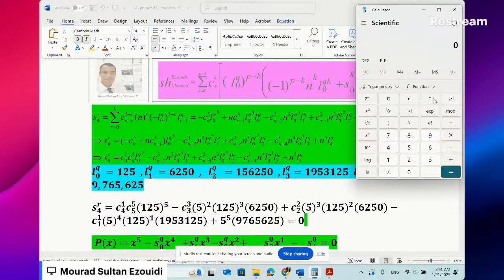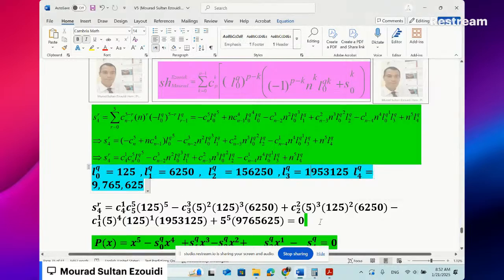After that, we have 5 multiplied by 25 raised to the power 4, equal to 1,953,125, correct. And then we have, my kids, 25 raised to the power 5 equal to 9,765,625, yes, correct. Okay, now what's the problem here?